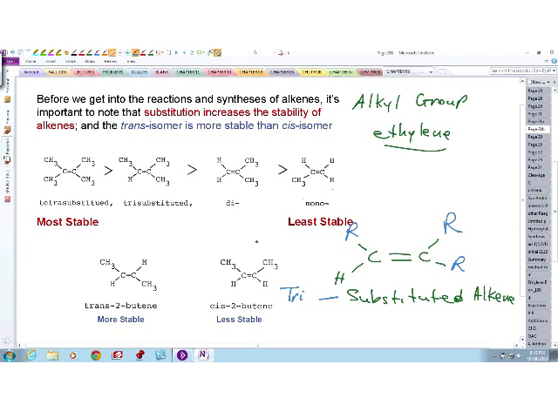A tri-substituted alkene. And finally, if I remove this hydrogen here with another alkyl group, I'm sure you guys know what we are going to call that. But now, this becomes a tetra-substituted alkene.